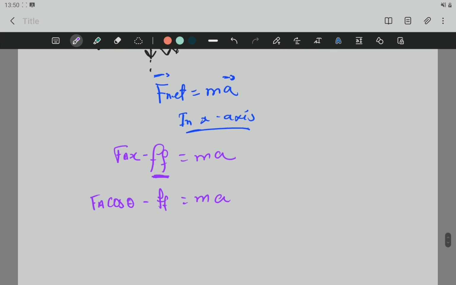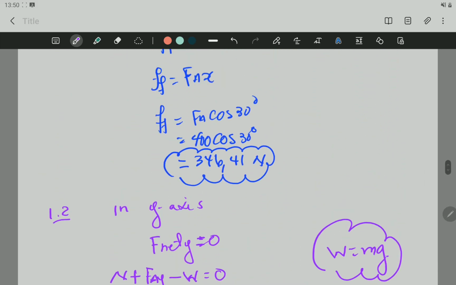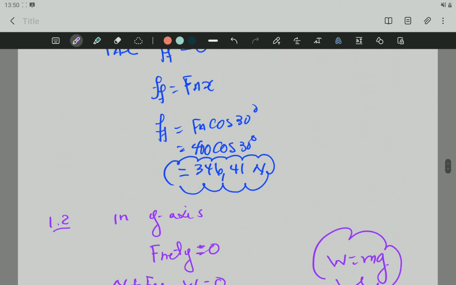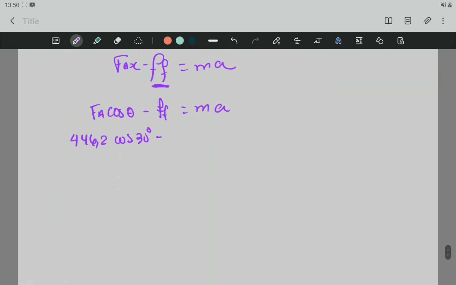We substitute everything. It's 446,2 multiplied by the cosine of 30 degree. The frictional force was calculated previously. It is here, 346,41. 346,41 is going to be equal to the mass, which stays the same, is 200 times a.